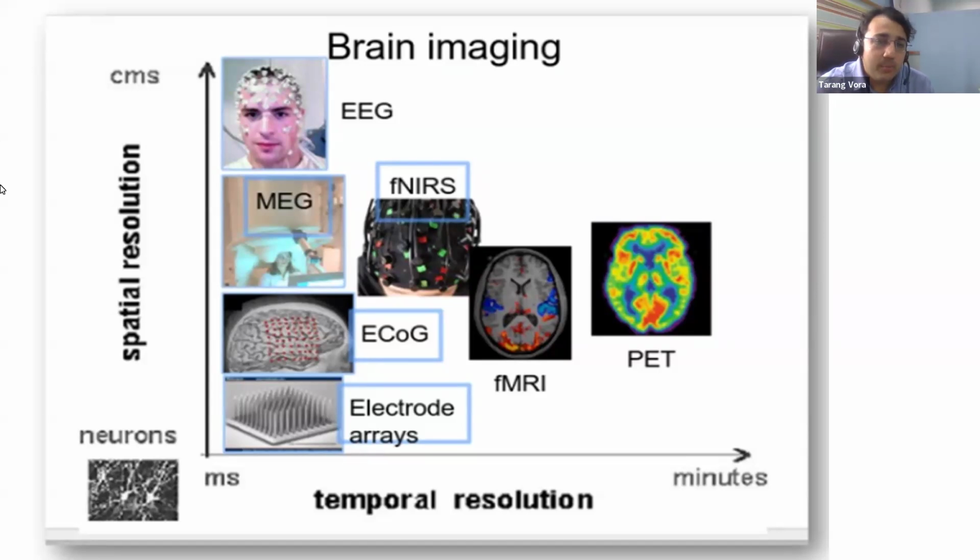Basically, when we're looking at EEG, EEG has extremely good temporal resolution, but extremely poor spatial resolution. For instance, if an EEG electrode is showing an abnormal spike in electrical activity, that activity can be anywhere around a 10 centimeter radius from the surface of the brain.